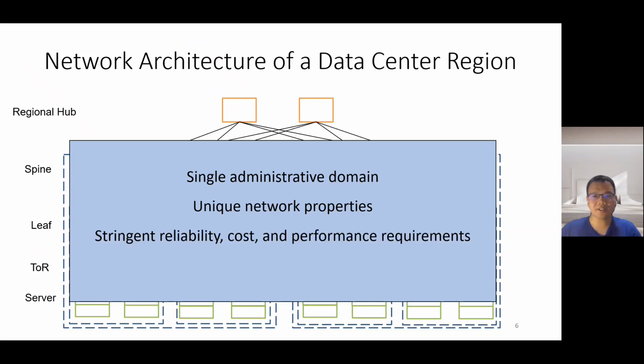Third, since the data center carries so many important workloads that can directly impact our daily lives, operators have very strong motivation to improve the reliability and the performance and reduce the cost of data center networks. So these characteristics enable many innovation opportunities.